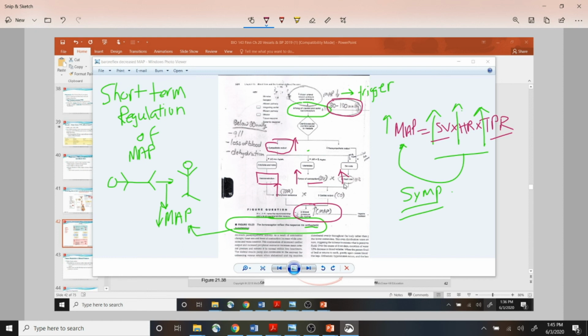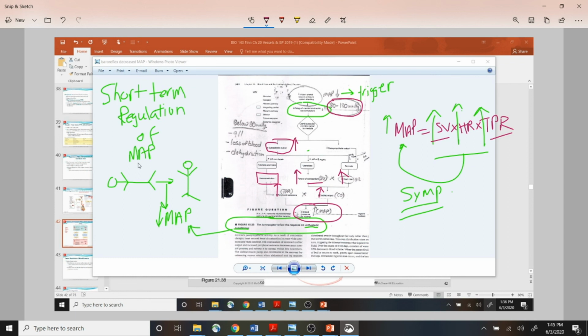Now, the combined effects of stroke volume and heart rate increasing increase cardiac output. But look, there's your equation: total peripheral resistance, stroke volume, heart rate. Heart rate, stroke volume, total peripheral resistance are all increasing. That's how my blood pressure increases, and then I don't pass out. Happens within seconds to minutes, snap of the finger.